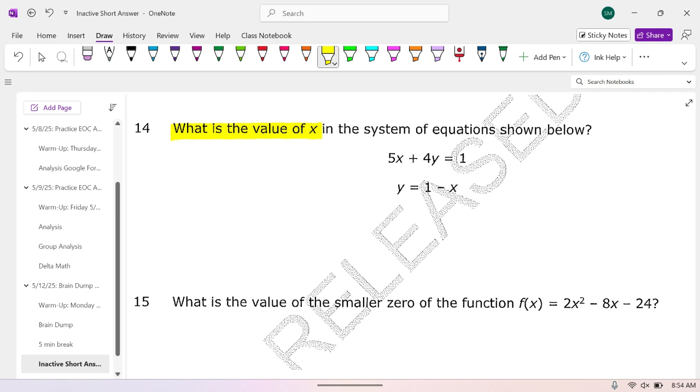Now, we know this is the inactive section. So look at your brain dump where it says systems. There's only 2 viable ways to solve a system without a calculator. Which 2 does it have to be?